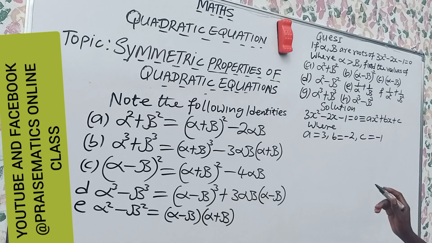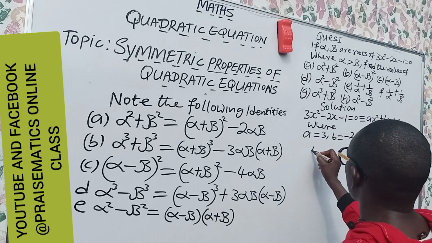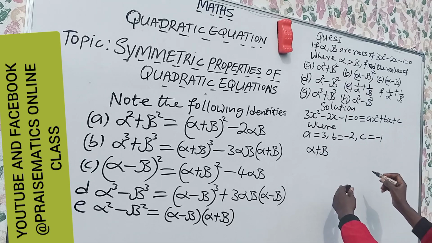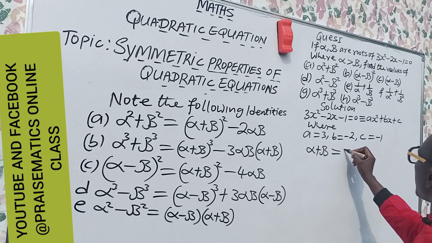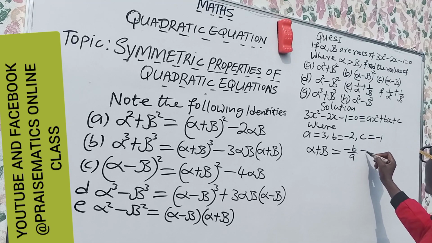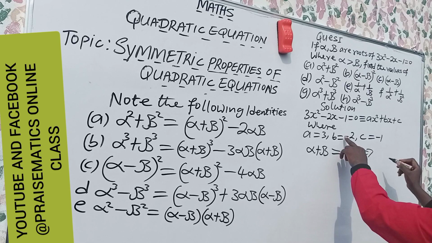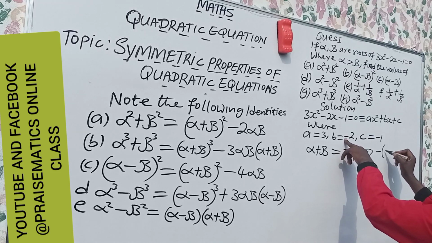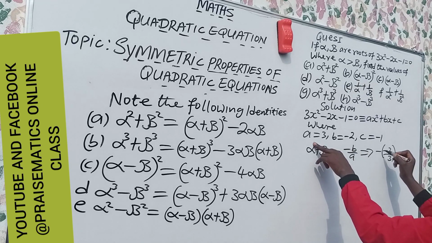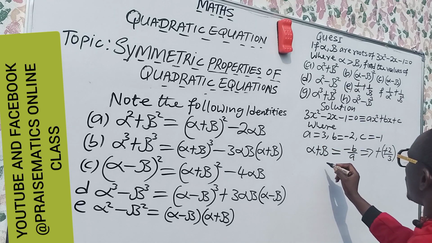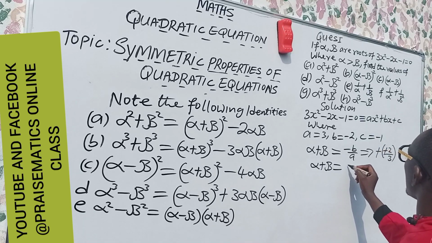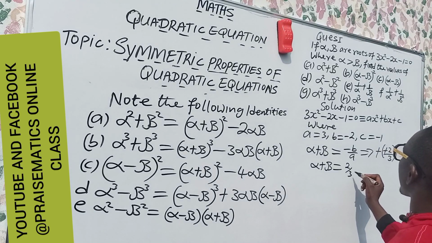Always recall that the sum of the roots, which is alpha plus beta, is equal to minus b over a. That is minus into minus 2 over a, which is 3. Finally, this will cancel this. It means that alpha plus beta is equal to 2 over 3.